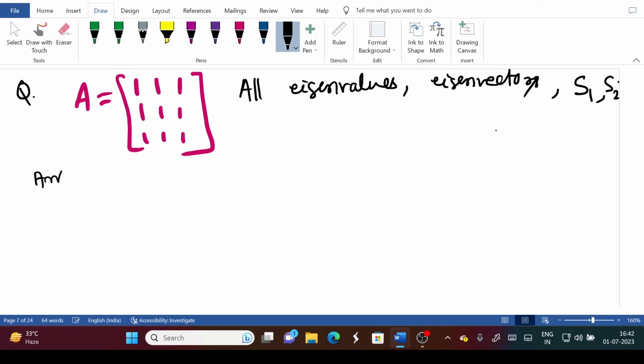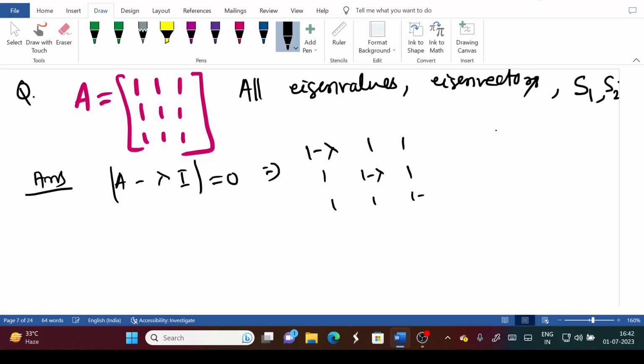Answer. So what we will do? det(A minus lambda I) equal to 0 implies the determinant of [1 minus lambda, 1, 1; 1, 1 minus lambda, 1; 1, 1, 1 minus lambda] equal to 0.